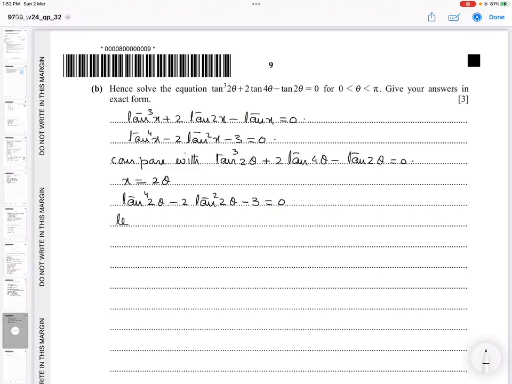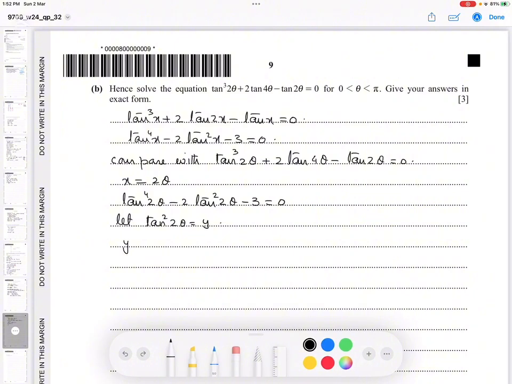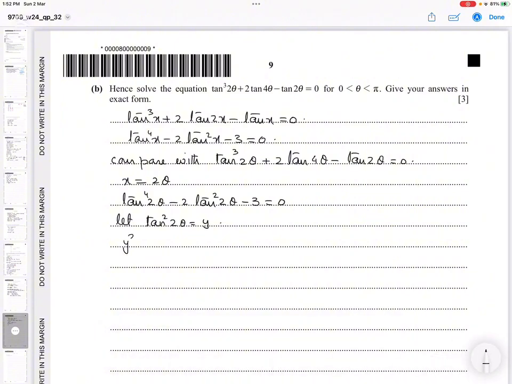Now let my tan square 2 theta equal y. I'm naming it, so I can write it in the form of y. It becomes y square minus 2y minus 3 equals 0. Now this is my quadratic form. Factorize it by using mid-term breaking.